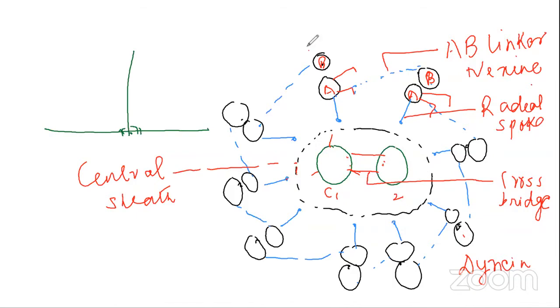Now where is the protoplasmic sheath? The protoplasmic sheath is just on the outer side, because there is only a small portion of the sheath which is connected to it.